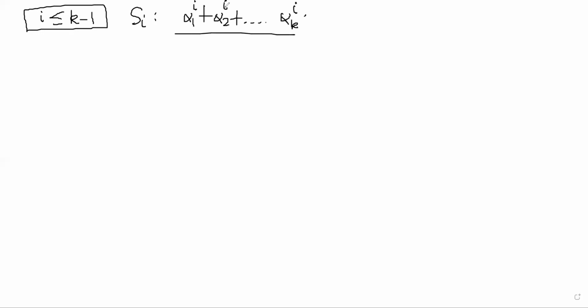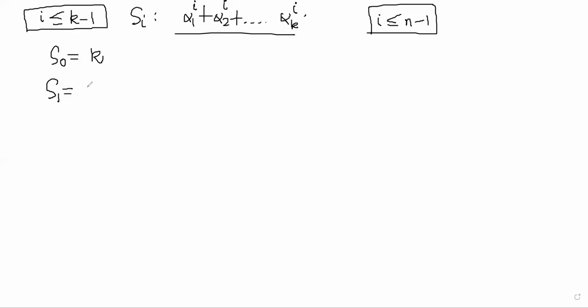Suppose you want to find Si, you need alpha 1 power i plus alpha 2 power i plus so on plus alpha k power i, right? Now it depends on what value of i you need. Is i less than or equal to n minus 1? If my polynomial is a biquadratic, or n is equal to 4, then i must be less than or equal to 3. In that case, we will follow the recursion method that we have developed. So S0 will be equal to k, because S0 is just power 0 on all the roots. So 1, 1, 1, 1, k times, right?